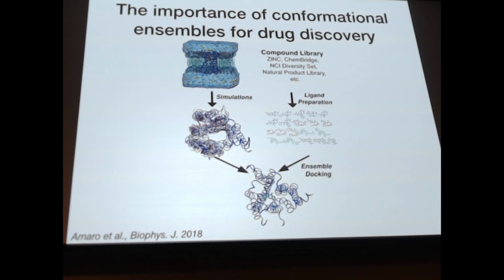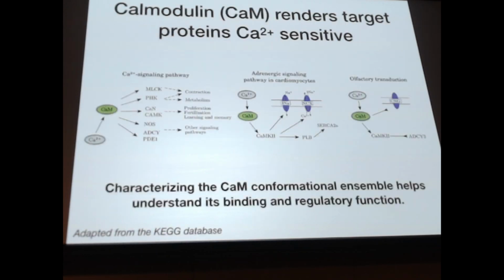But the question of how to obtain the conformational ensemble remains. So I think in this case, you would run an MD simulation and obtain a conformational ensemble, but much more relevant would be to obtain the actual conformational ensemble that the protein samples during its functional cycle. And this is not a trivial thing to do at all.